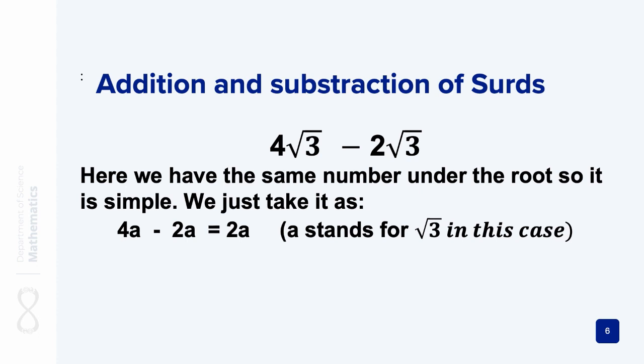And so in this case, it's 4a minus 2a to give us 2a, which is as good as finding the difference between the numbers that are outside the root sign. So your answer ultimately becomes 2 root of 3.